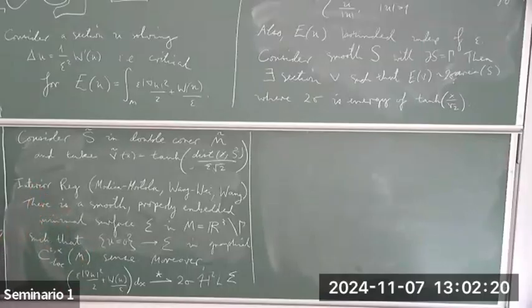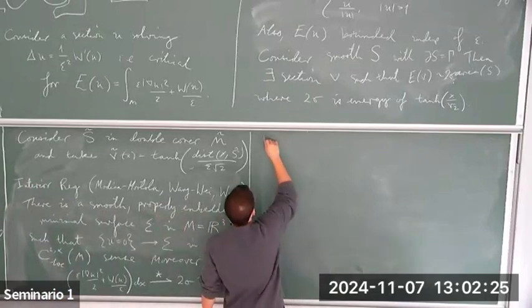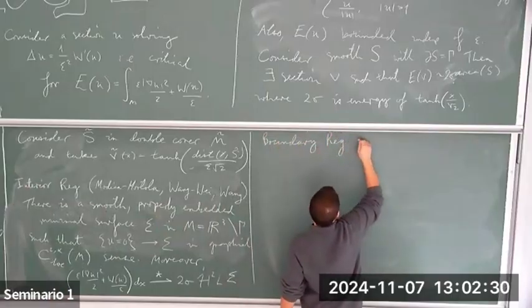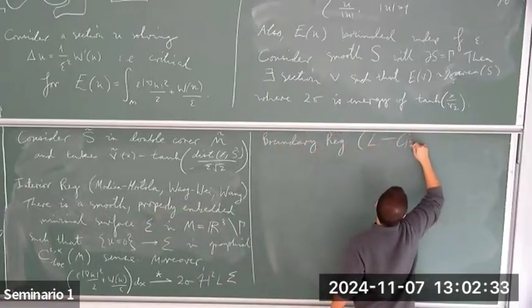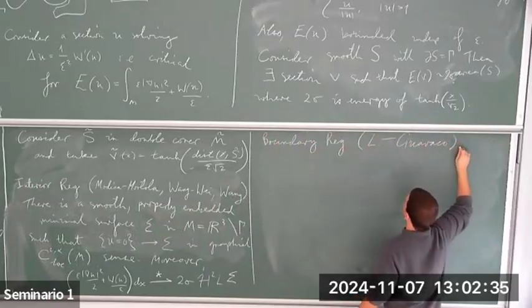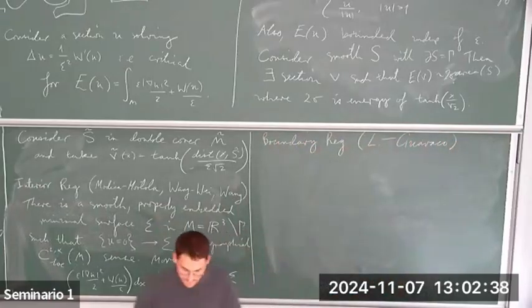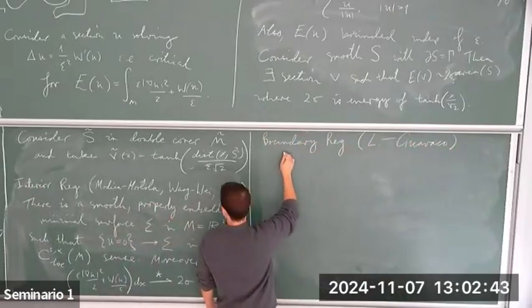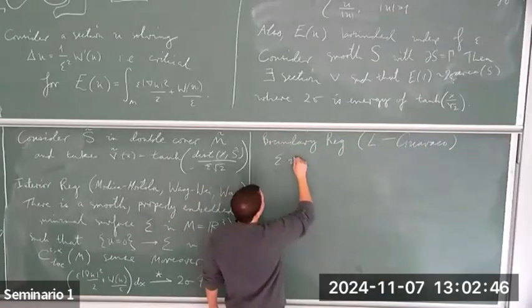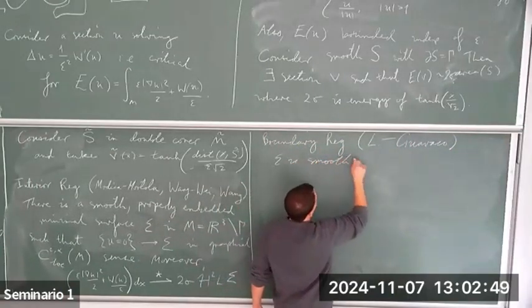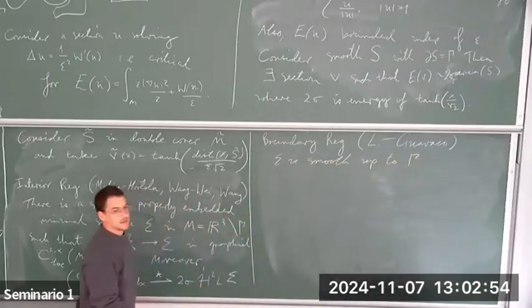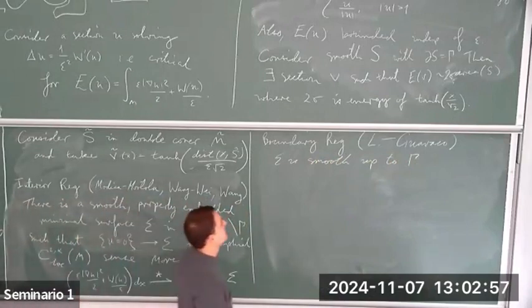So much for what we can say using the previous work of other authors. The new part is the boundary regularity statement, from work by myself and Marco. And it simply says that sigma is smooth up to the boundary gamma.